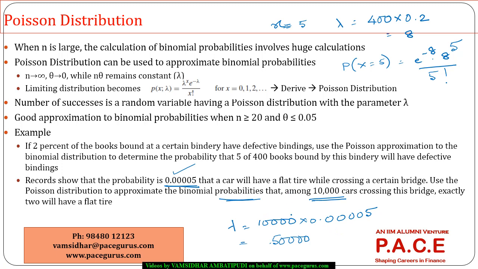So lambda is 0.5 and x equals 2. The probability is e power minus lambda, lambda power x divided by x factorial. We can very well simplify the numerical quite comfortably.